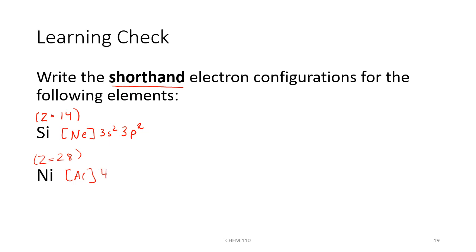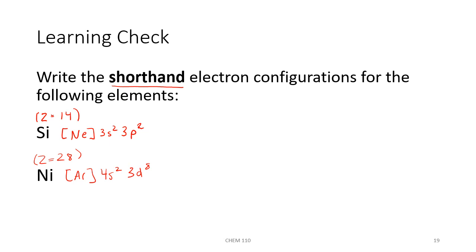So for potassium and calcium, we would have 4s2. And then after the 4s is filled, we actually start filling the 3d. So we're going to have 3d, and then we count over how many electrons are in the 3d for nickel. 1, 2, 3, 4, 5, 6, 7, 8. If we count over to where nickel is. So we would have argon in brackets, 4s2, 3d8.